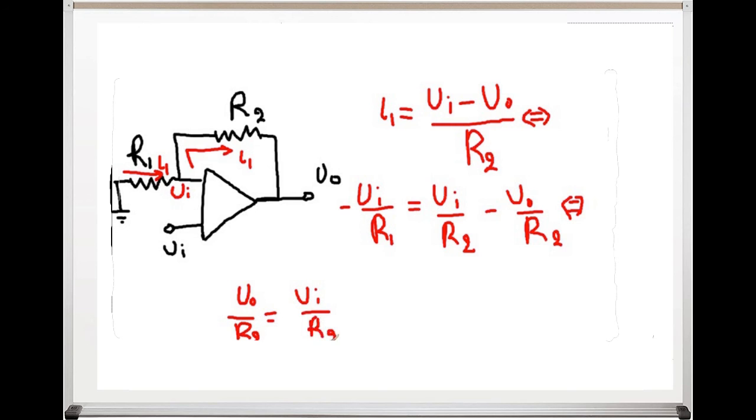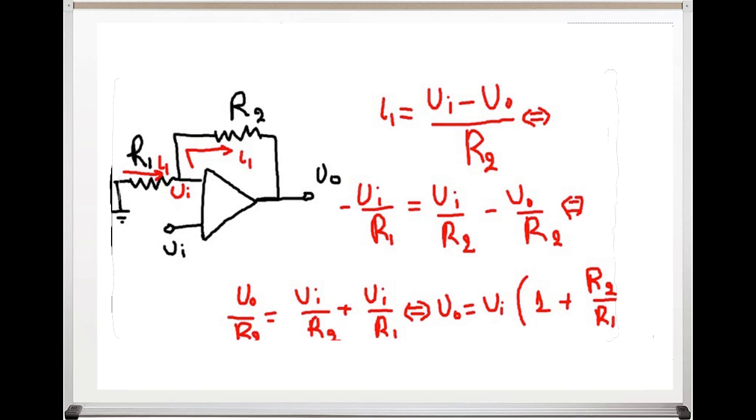Multiplying both sides by R2 and taking as a common factor V in from the right side, we arrive at this final equation: V out equals V in times 1 plus R2 divided by R1.